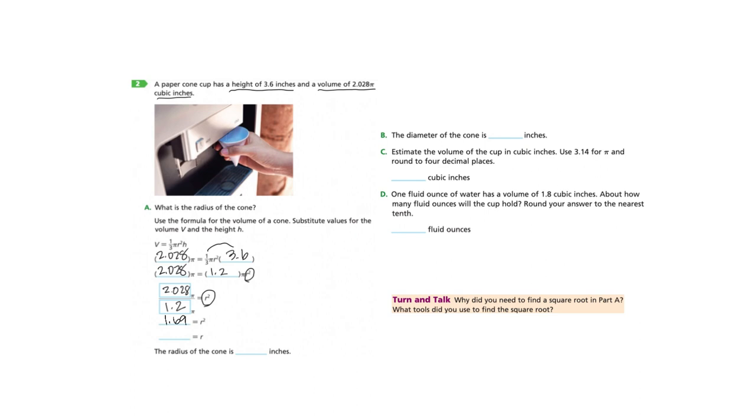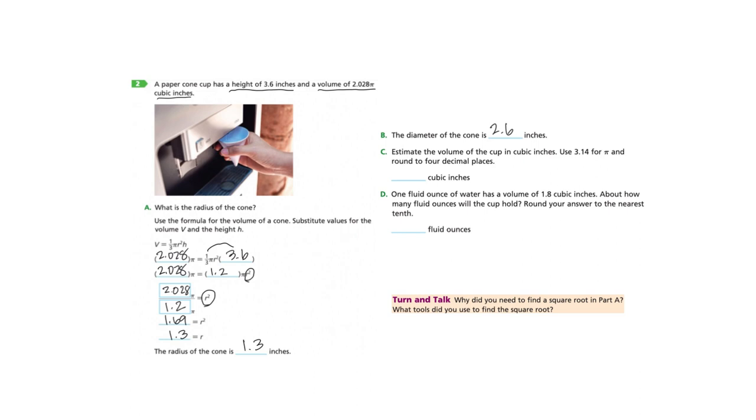So if we take the square root of 1.69, we get 1.3 equals r. So the radius of the cone is 1.3 inches. So B, if you know the radius is 1.3, then you just double that and you know that the diameter is 2.6 inches. C, estimate the volume of the cup in cubic inches.